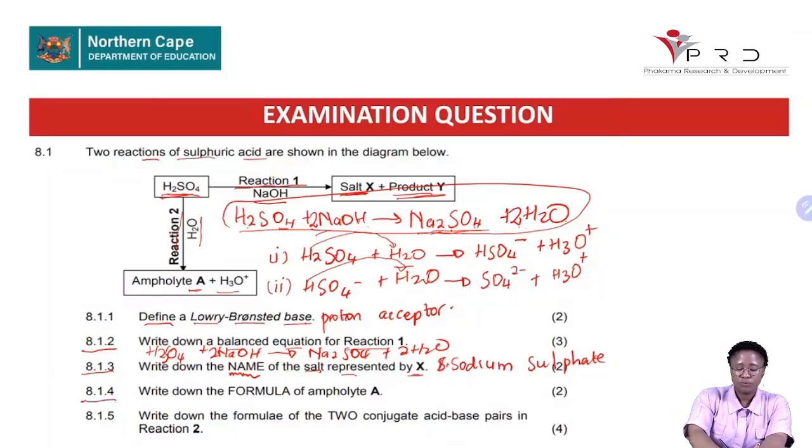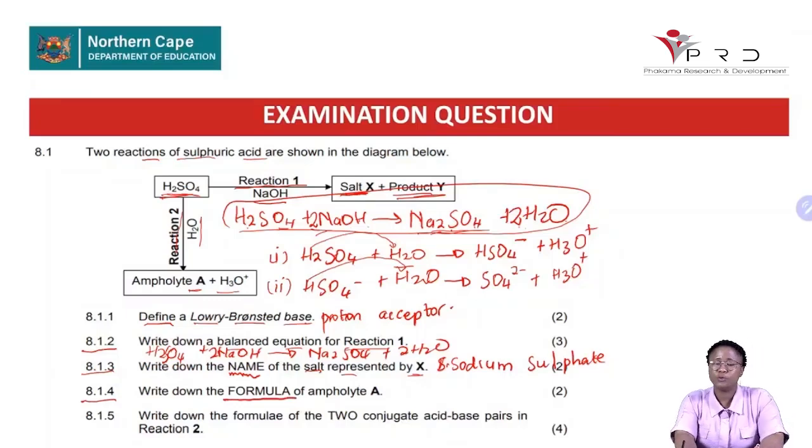Let's quickly move on to 1.4. It says to write down the formula of an ampholyte A. Remember, an ampholyte is a substance that can act either as an acid in the presence of a base or as a base in the presence of an acid. I hope you still remember the definition.